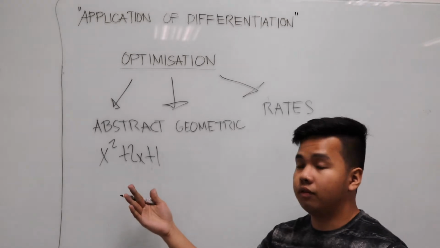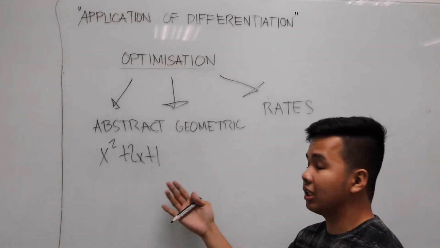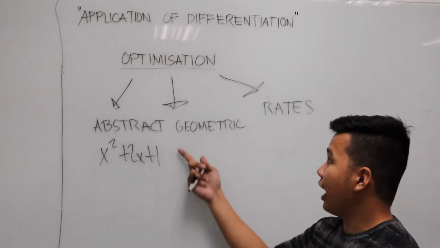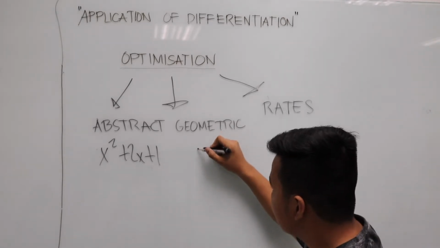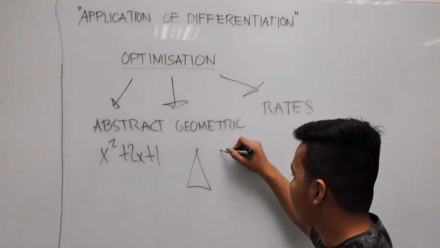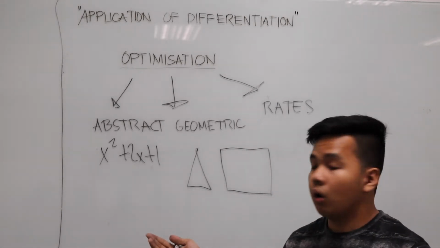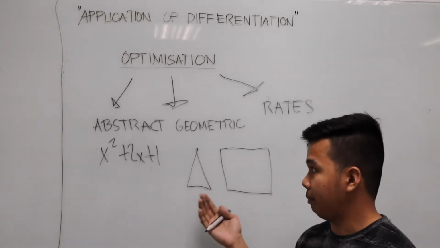The main point of this is we want to know the values of x and what is the relation of x to other numbers. The next is geometric. In geometric problems, we deal with shapes like rectangle and triangle. And we want to know what is the maximum area and the minimum area for each shape.